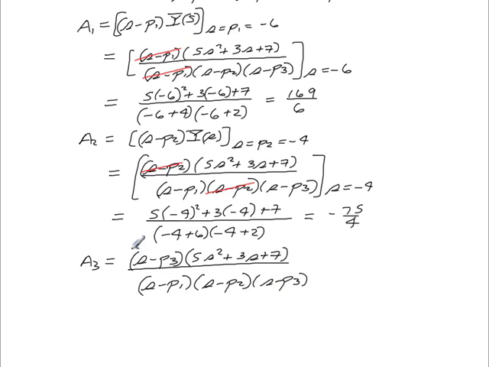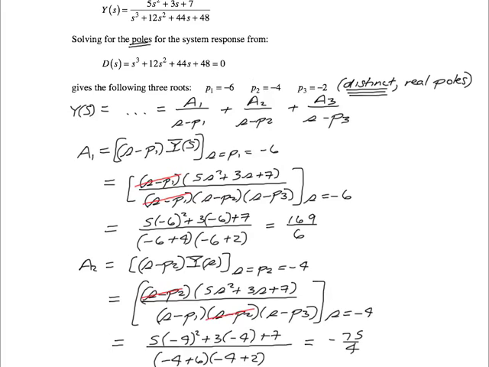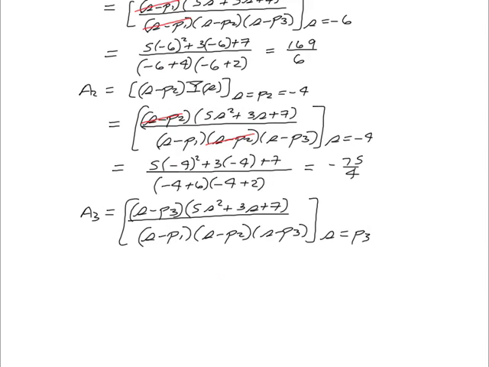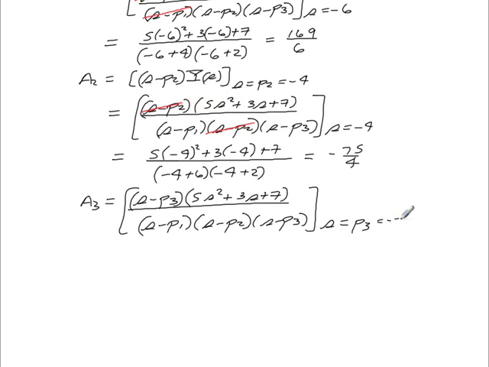We're very careful here before we evaluate s equal to p3. P3 is minus 2. Before we do that, we strike out this factor; we cancel out top and bottom.